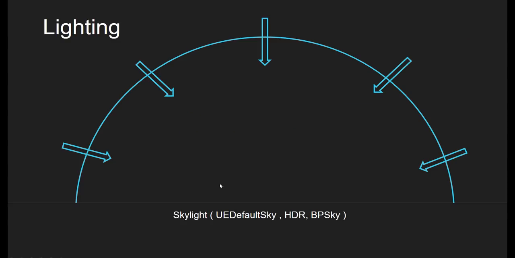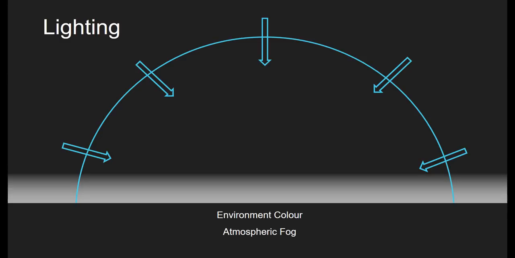For example, when we have our skylight, here we use the skylight from Unreal, and we have all these different things we can plug into it. So default sky, which is that cloudy sky that comes in when we open a scene. We use HDR and blueprints and sky domes and so on. When we also have environment and the color, the background color, which will, like I said, add on top of the existing skylight.